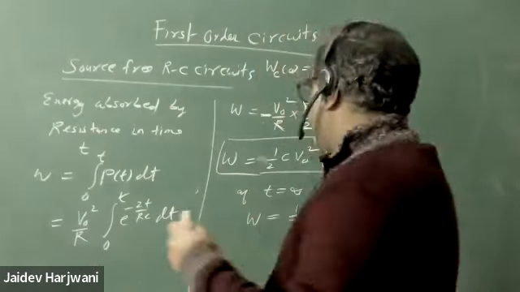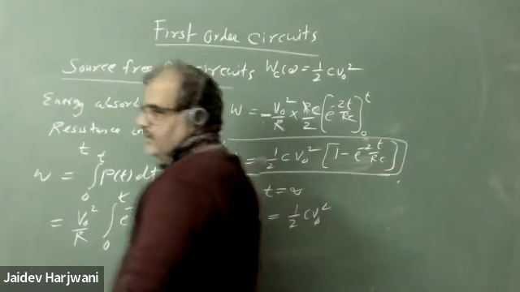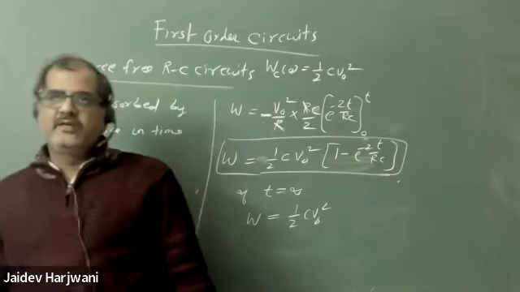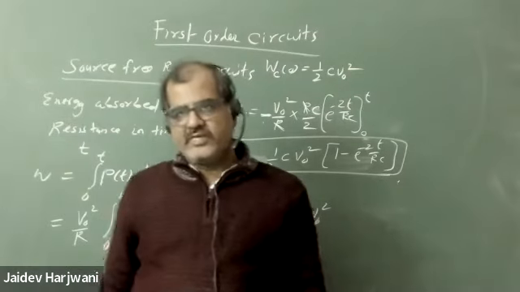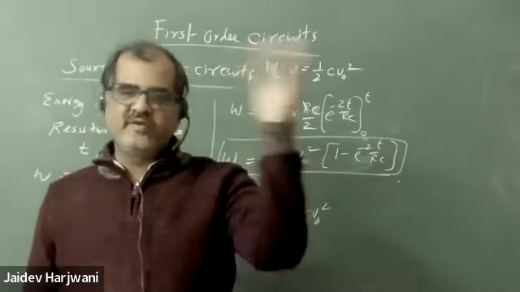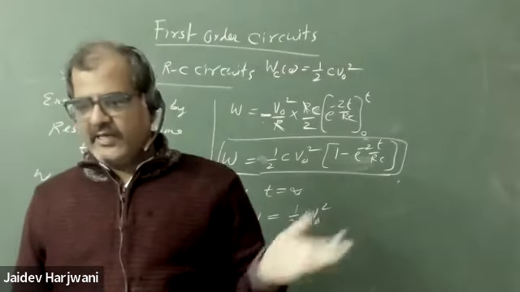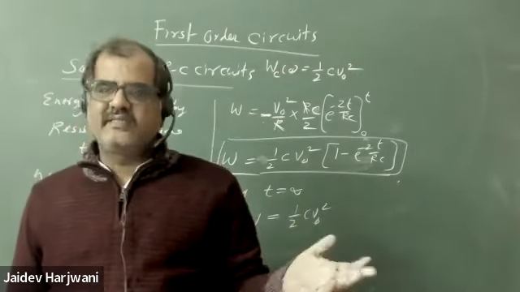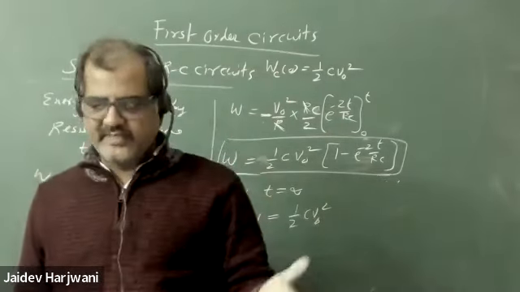Whenever you are given a source free RC circuit, initially there will be a voltage source, and they will remove this voltage source, and after that the voltage of the capacitor will decay. This is a kind of transient analysis. They will ask you at a later time what is the voltage across the capacitor.